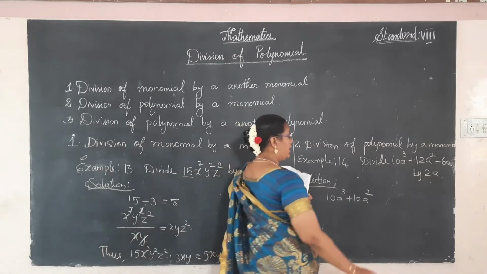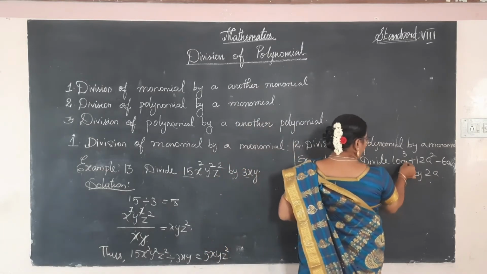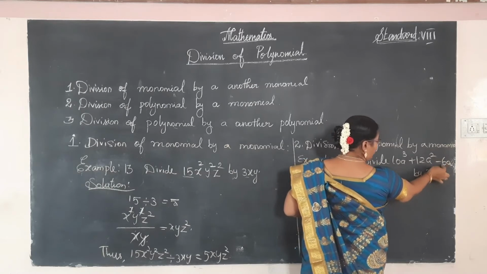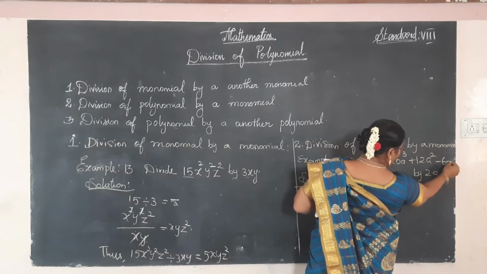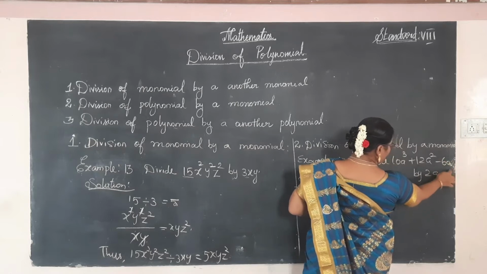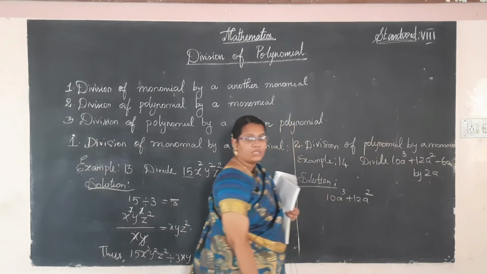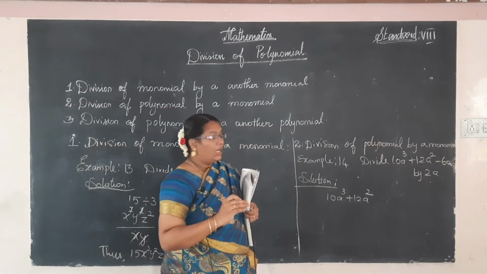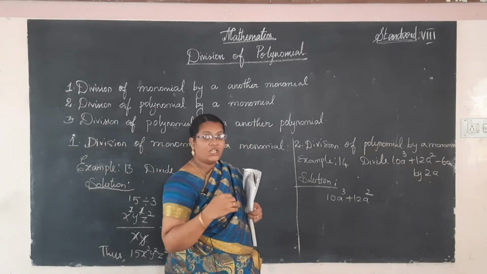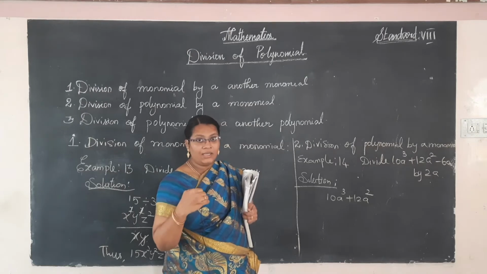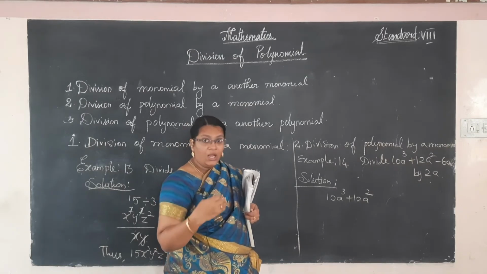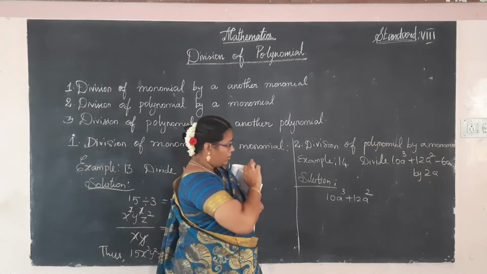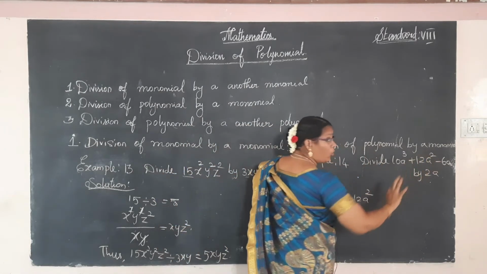Yes, because the power of the variable is 3, the next is 2, and the next is 1. Every time you should check that the given algebraic expression is in descending or ascending order of the power of the variable. Okay, so the order is correct.